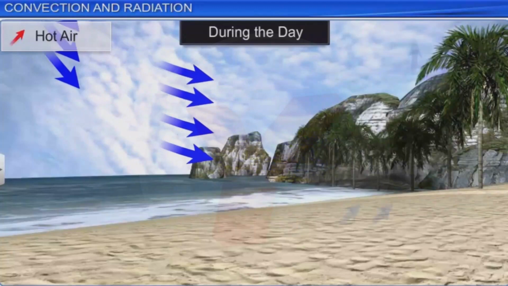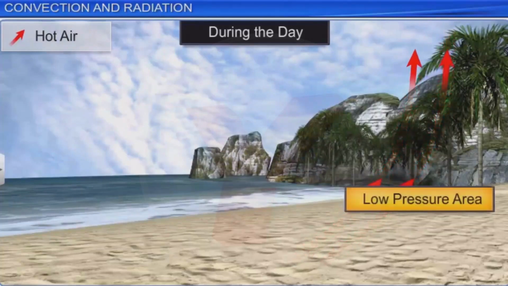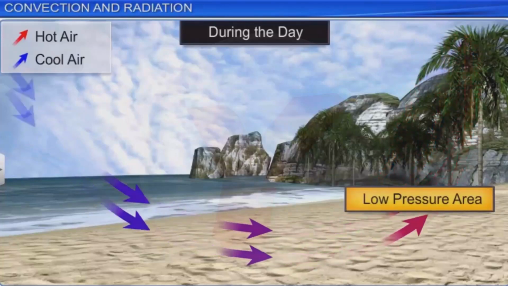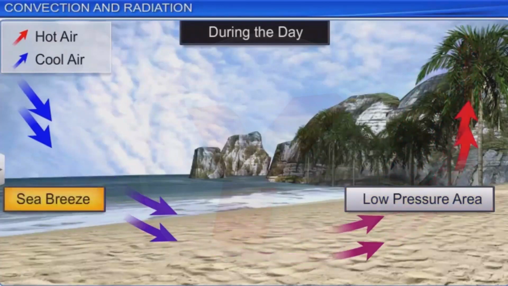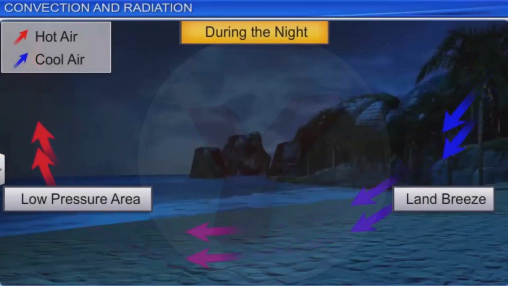As a result, the air above the land becomes hotter and moves up, creating a low-pressure area. Now, the air above the seawater moves towards the land and forms the sea breeze. During the night time, exactly the reverse process takes place. Air moves from the land to the sea. This is known as land breeze.